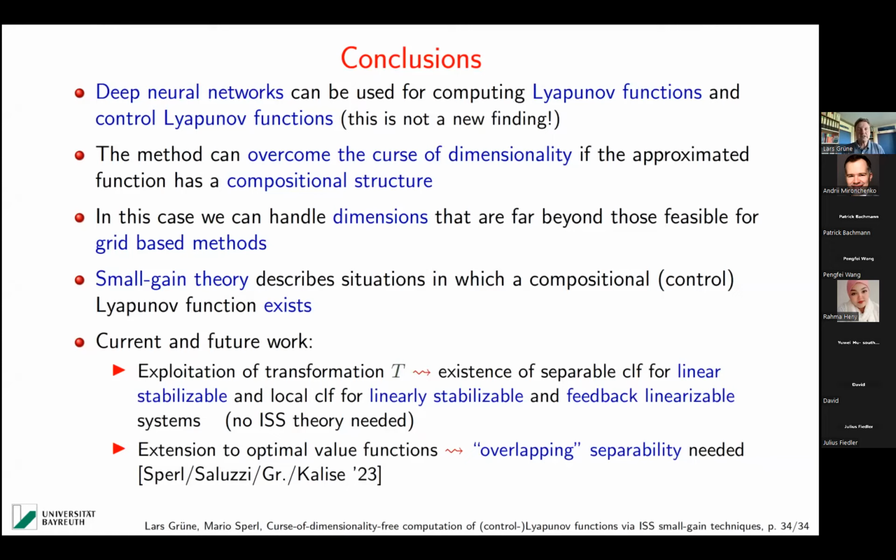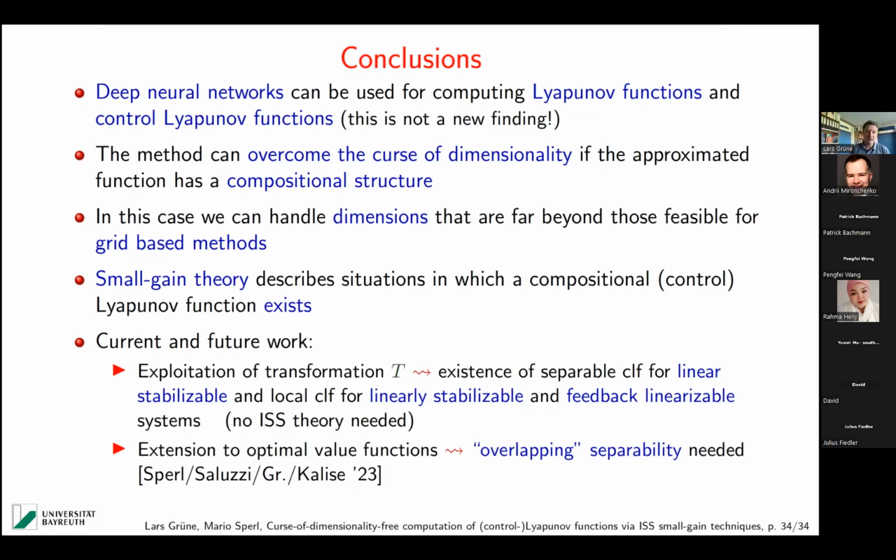Because essentially a Lyapunov function or a control Lyapunov function can be written as a super solution of a Hamilton-Jacobi-Bellman or Bellman equation. Trouble is, we have not found a good way so far to control the quality of the super solution. So super solution means it's larger than the true solution, but the gap can become arbitrarily large.